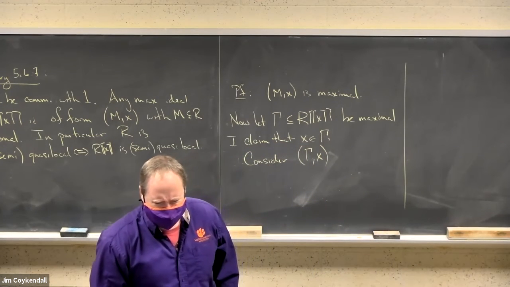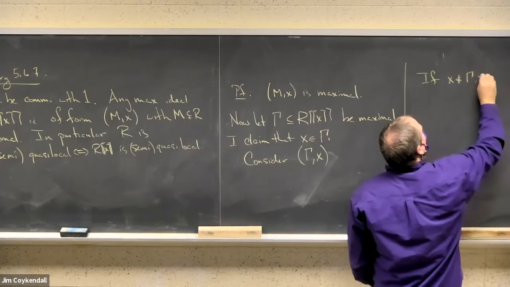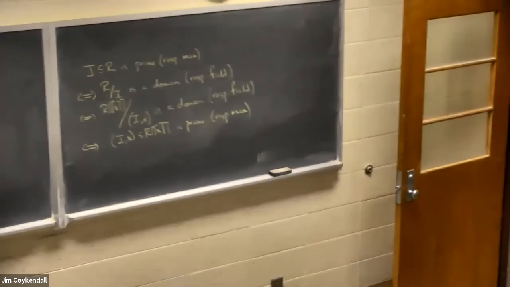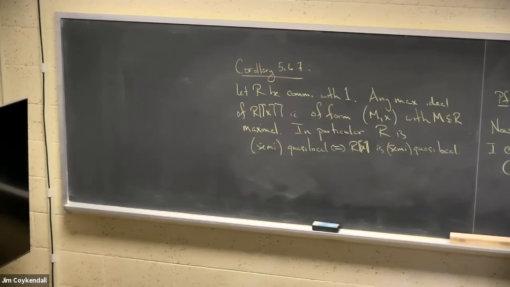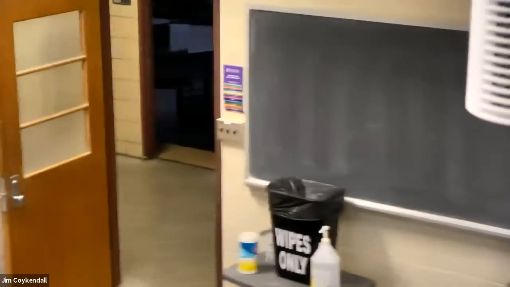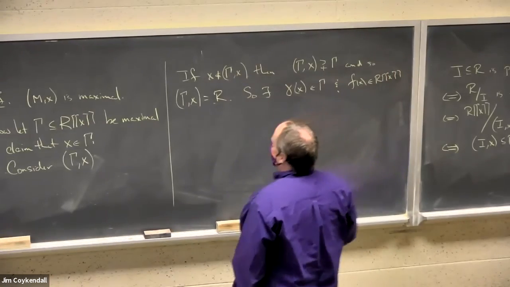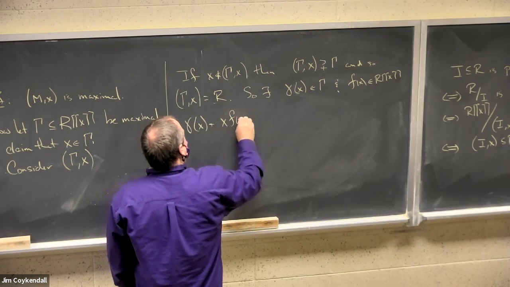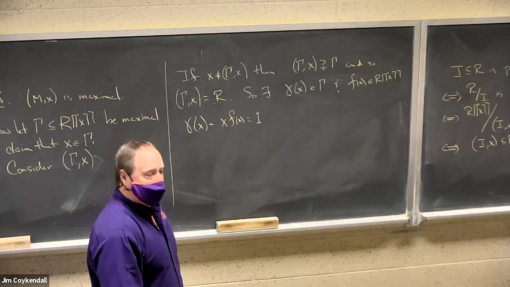Now, note that if x is not in gamma, then gamma comma x strictly contains gamma, and so gamma comma x will be equal to R. So there exist gamma of x in gamma and f of x in R power series in x with gamma of x plus x f of x equals 1.